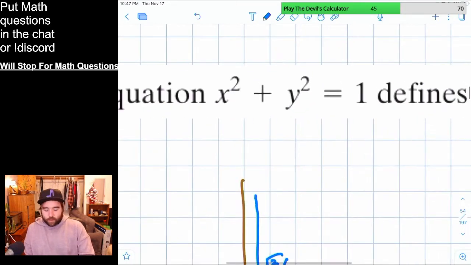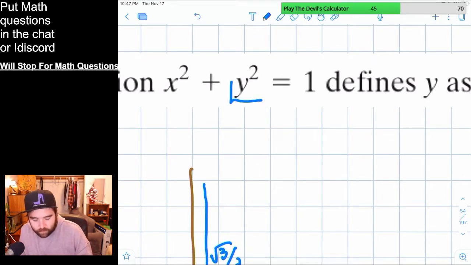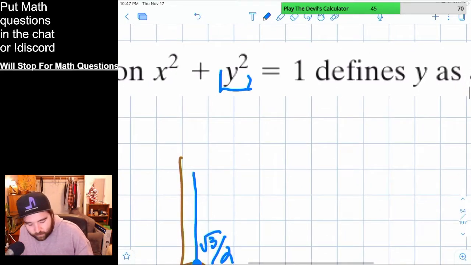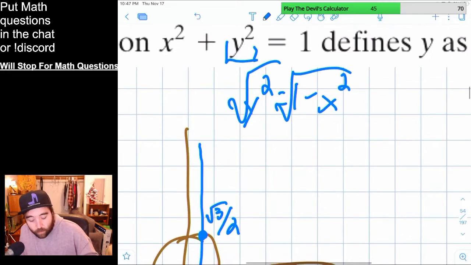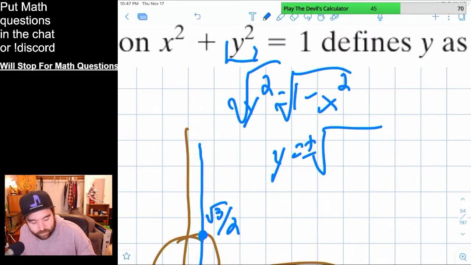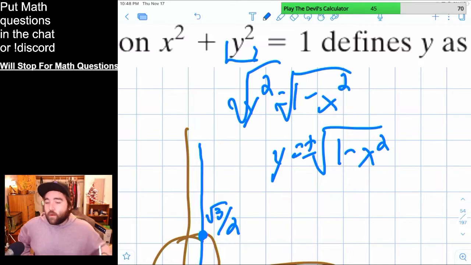If we don't know what the graph looks like, we can try to do the thing where we solve for y, and see how when we solve for y, just like on the last one, we'll subtract the x squared from both sides, and then you have to square root both sides. But when you square root both sides, you always have that plus or minus. So see how now if we plug in something like 0.5, we're going to get two different answers for y, because we'll have the positive version and the negative version.